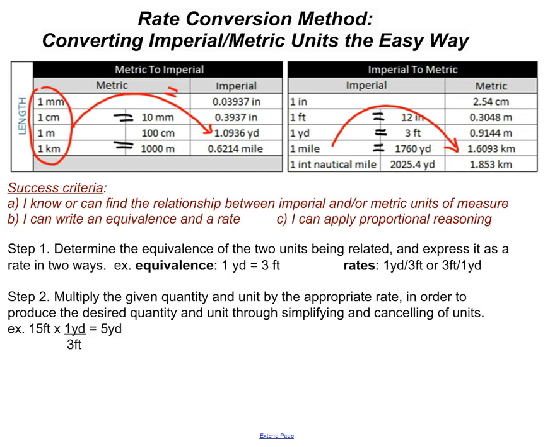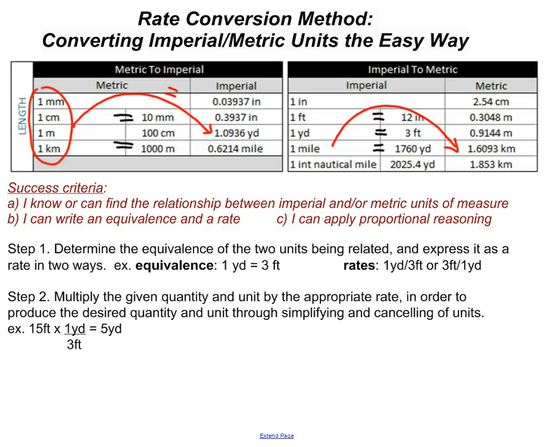That allows us to write what's called a rate. And so in this method, you need to be able to find these equivalences, which are from the table, or you look them up, or maybe you've memorized them. You need to be able to take the equivalence, write it down, and write down the rates that are associated with that, and then you apply proportional reasoning using that rate.